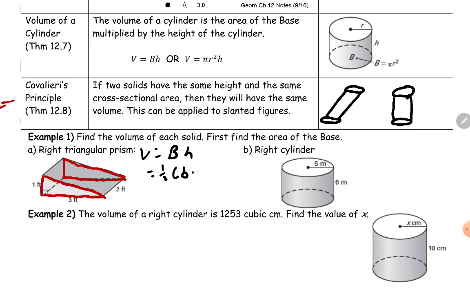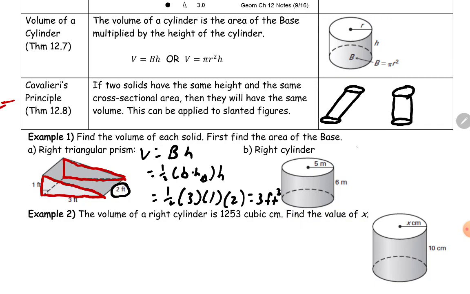Let's call this height of the triangle there times the height. So this will be equal to 1/2 times 3 times 1 times this height here of the object, 2. So this would give me 3 cubic feet.